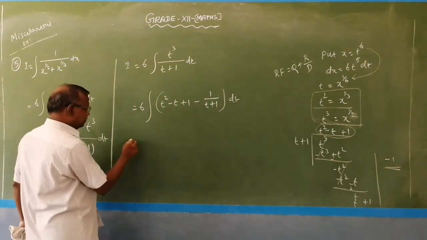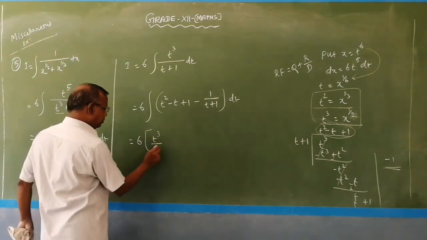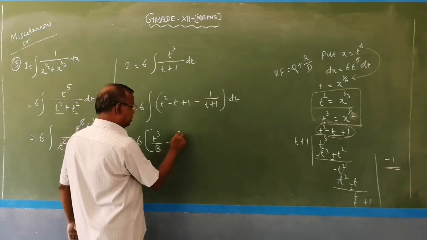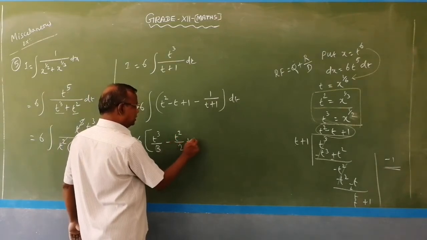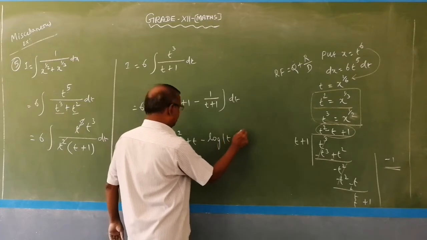Now integrating we have 6 into t cube by 3 minus t square by 2 plus t minus log of modulus of t plus 1.